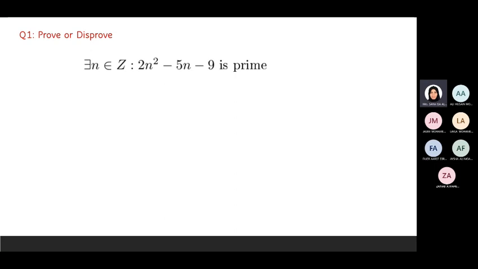The factors of a prime number are the number itself and 1. 1 is not a prime number, so never give me a value of n that makes this term equal to 1 and say that 1 is a prime number. 1 is not considered a prime number because a prime number must have two distinct factors, and 1 has just one factor. Can you find the value of n that makes the term a prime number?